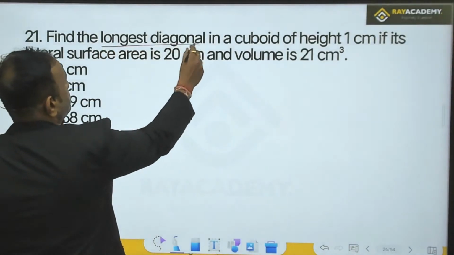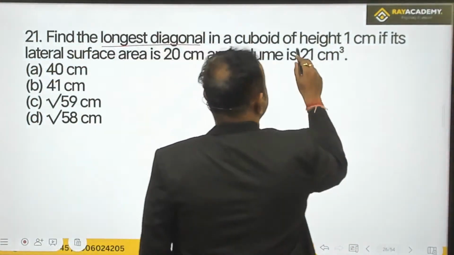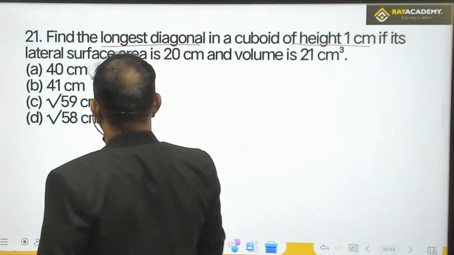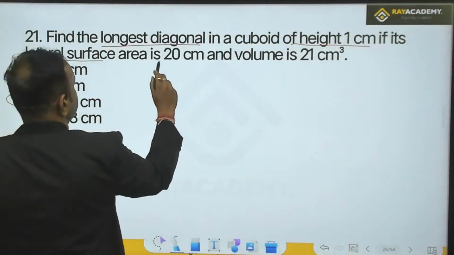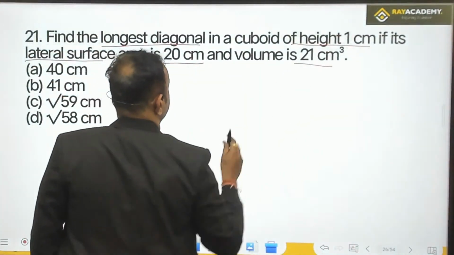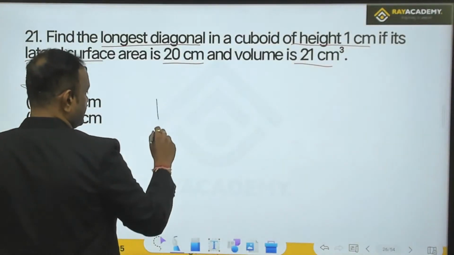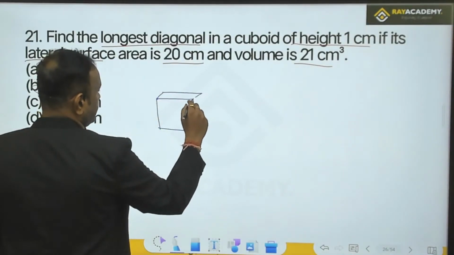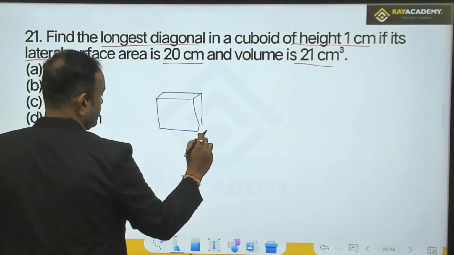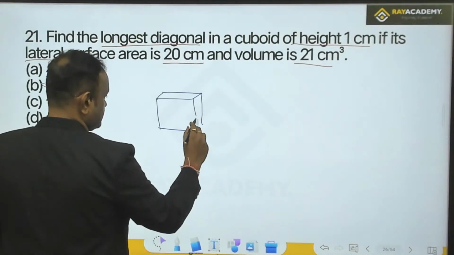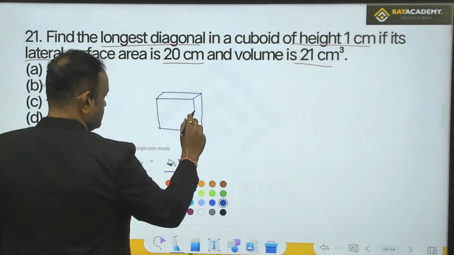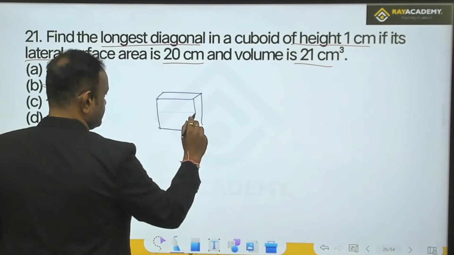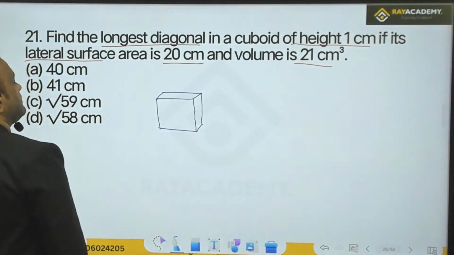This is the cuboid, something like a cube, but length, breadth and height are not the same.